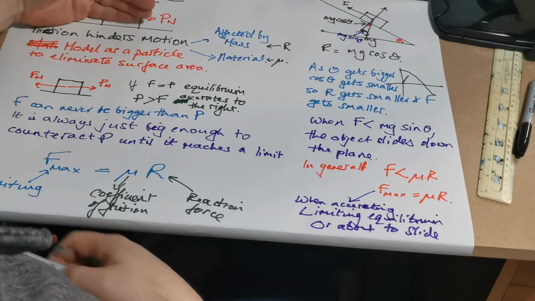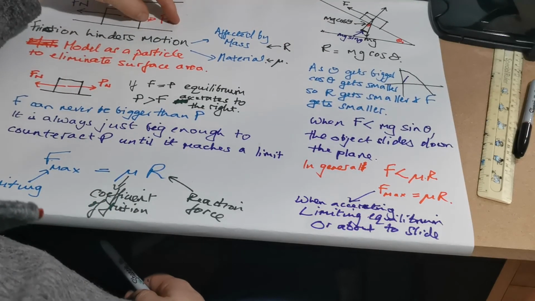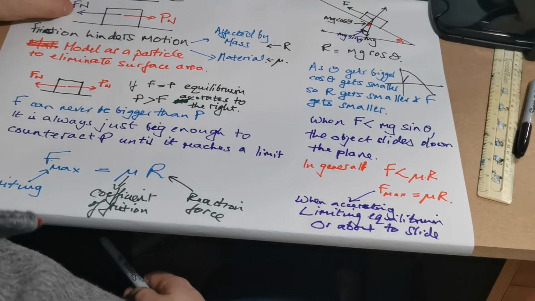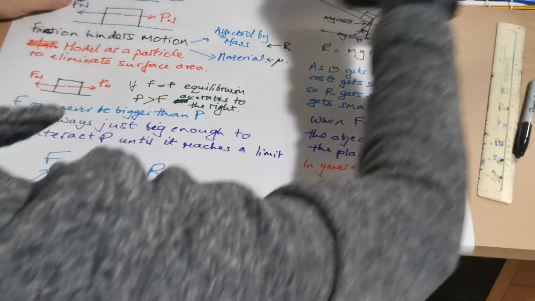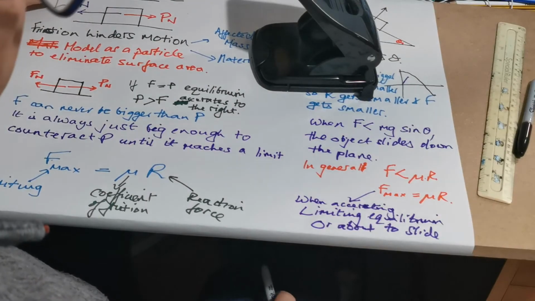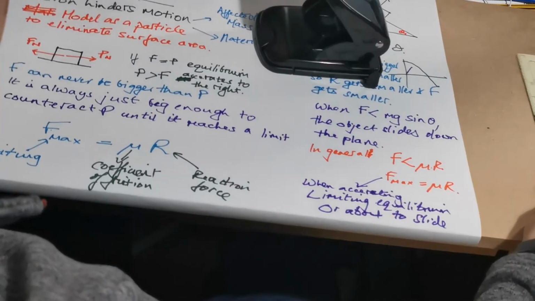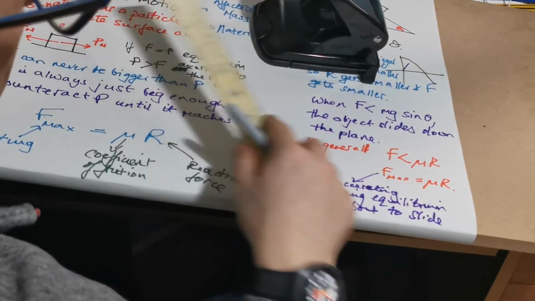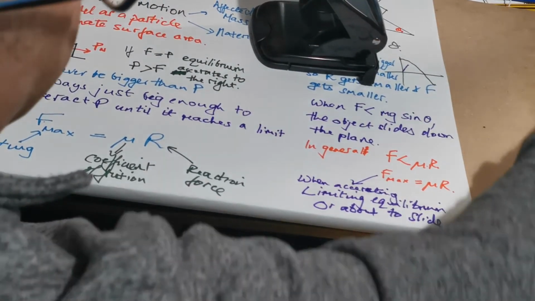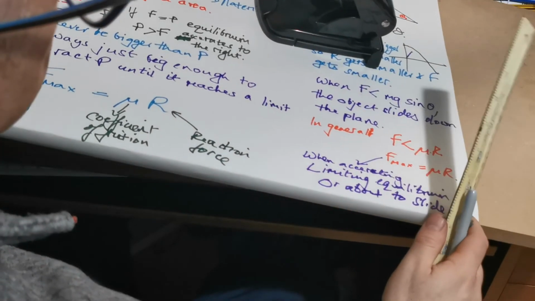Obviously here, when it's dead flat, and if there was no force acting on it, the friction would be zero. Friction's zero on this at the moment because there's nothing acting on it. When I lift that up, now there's some friction holding it back, stopping it from sliding down, which is what the component of the weight wants it to do.